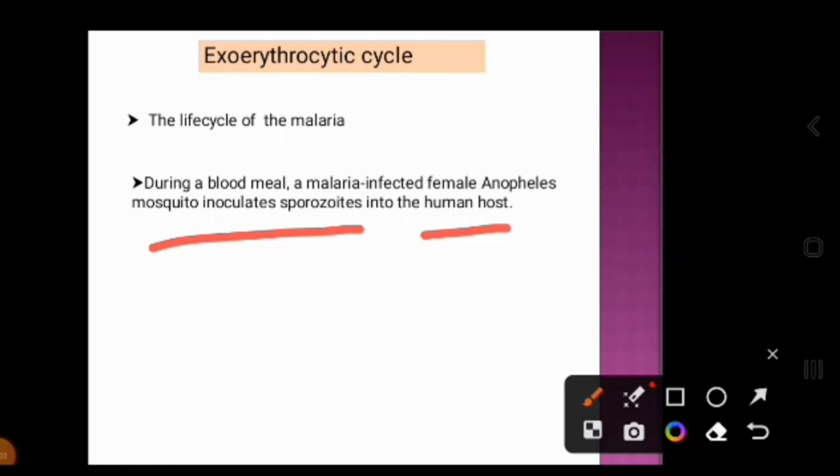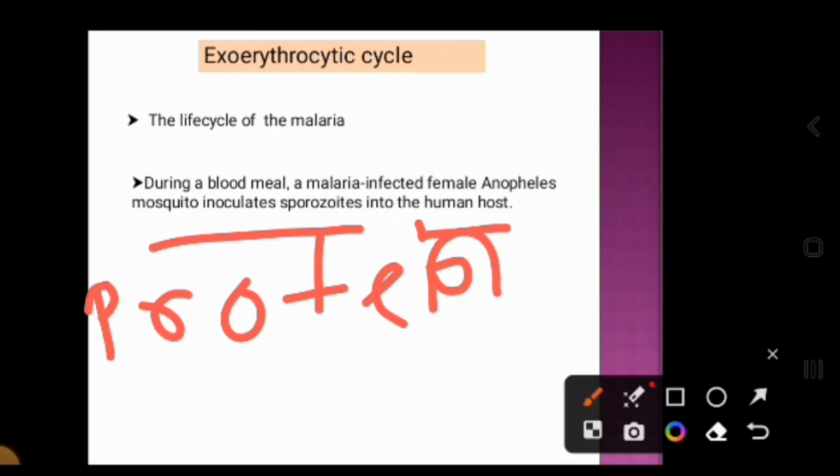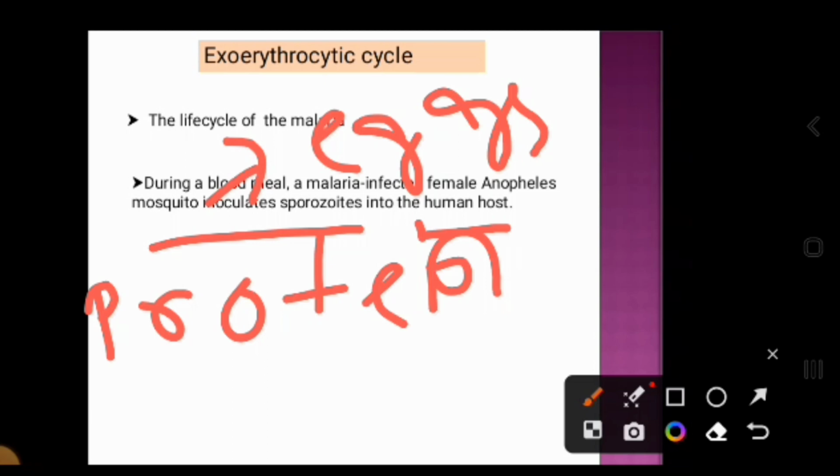Now, as you know, only the female Anopheles mosquito bites a human and takes the blood meal, because they need the blood not for their food but to produce the eggs. This blood provides enough protein for the generation of eggs, that is for the oogenesis.